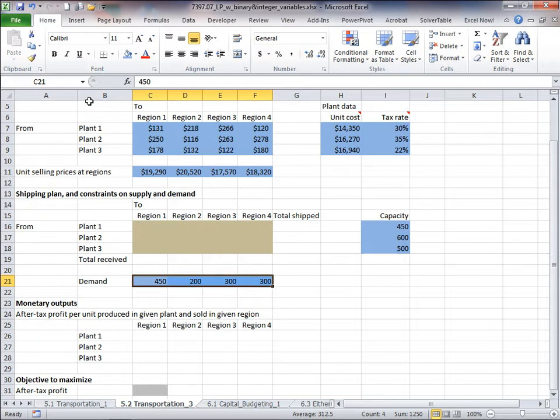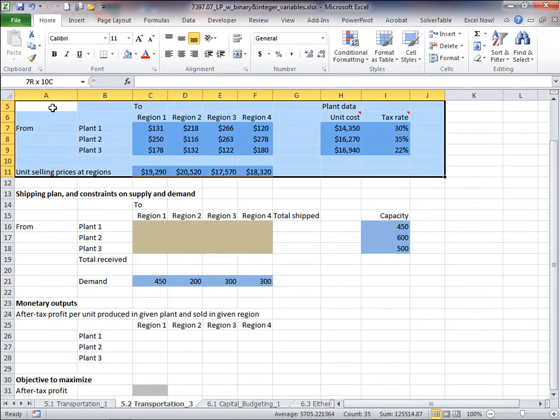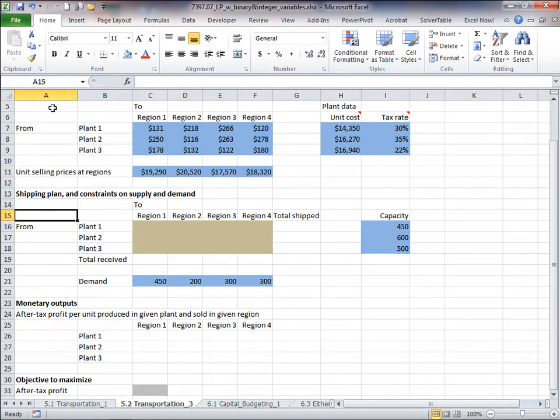But you'll notice so far that every model that we've built has a very common layout. We have all of our input data in one section of the spreadsheet. We have our decision variables in another section right below it.